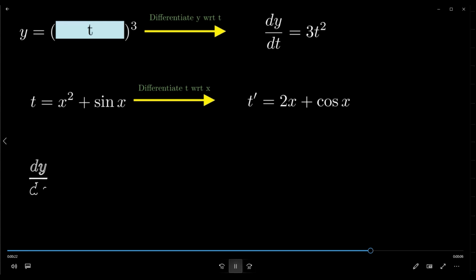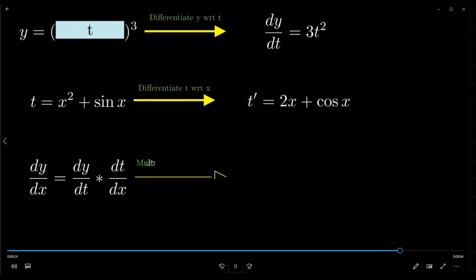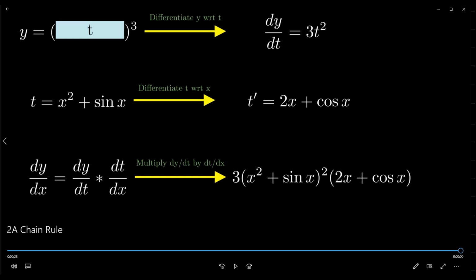And finally, we need dy by dx, which can be written as dy by dt into dt by dx. Basically the above two expressions. Instead of t prime, I should have written it as dt by dx. Anyways, now all I have to do is substitute it, and we have the final answer, right? So basically we can skip all the intermediate steps and write the final answer. You will understand in time how to get directly from the start to the end without doing such a substitution.